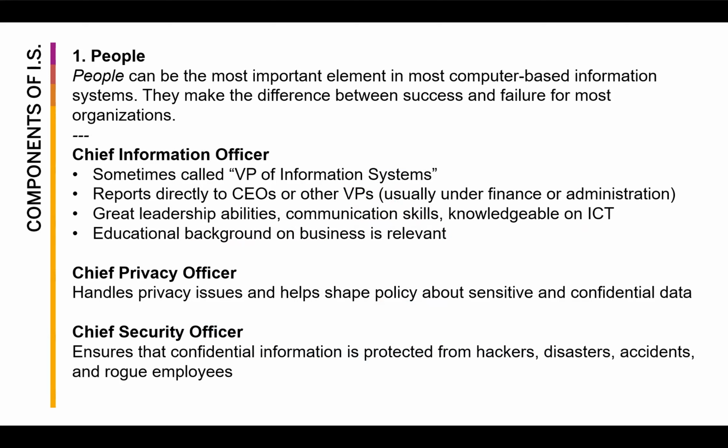So if you go out, it is common to see IT managers, IT heads, or CIOs reporting to the finance team. Nonetheless, for bigger organizations who have established the importance of information systems, CIO is a separate role from the rest of the C levels or chief level executives.